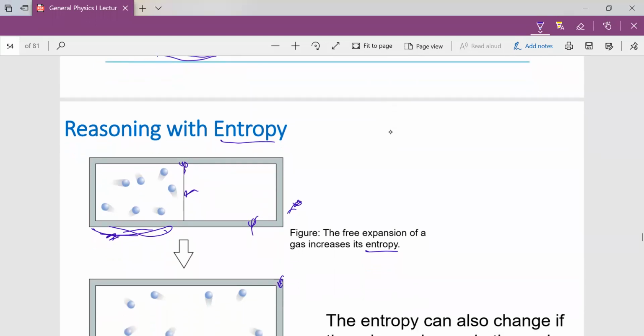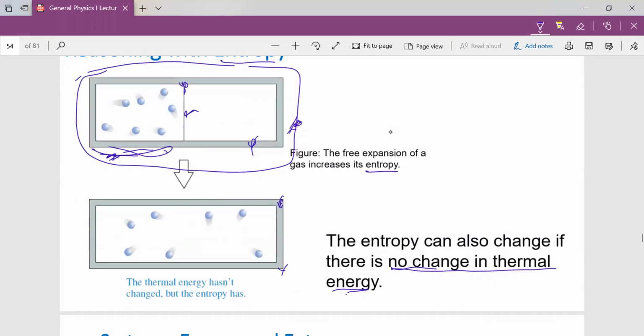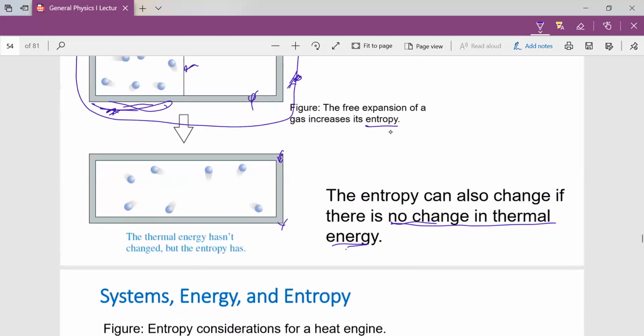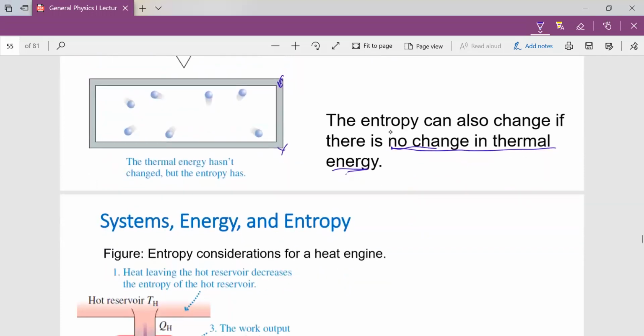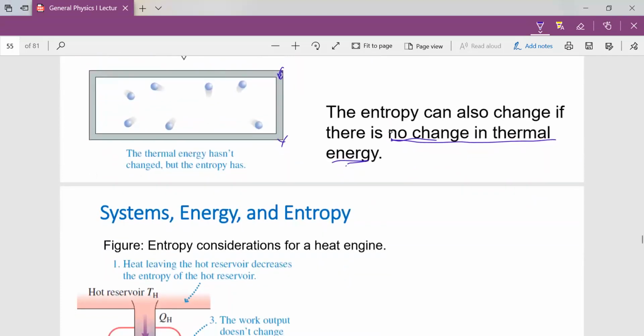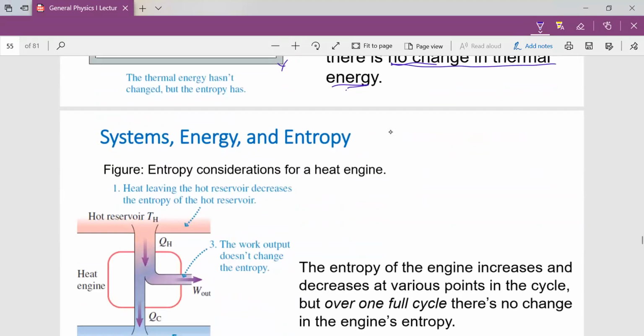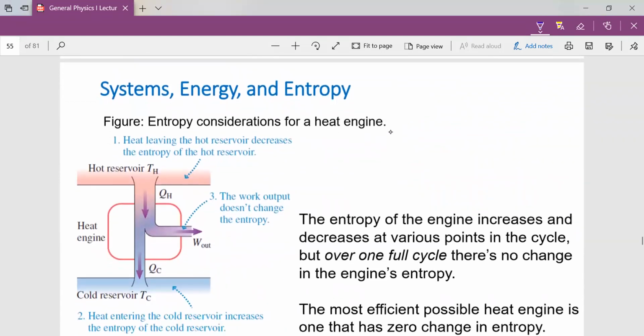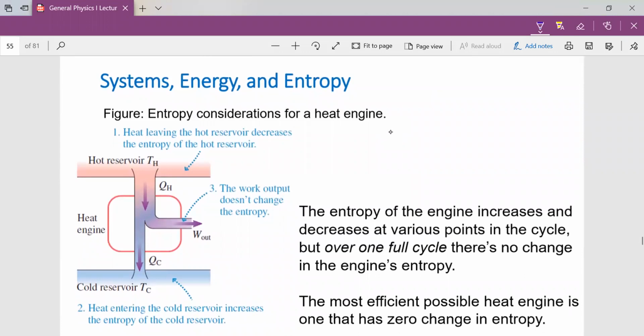Now, the fact that this system has boundaries does not mean it's an isolated system. It does not mean it's not interacting with its environment. Isolated systems are simply insulated systems that stop or inhibit interaction with the environment. So let's look at system, energy and entropy.